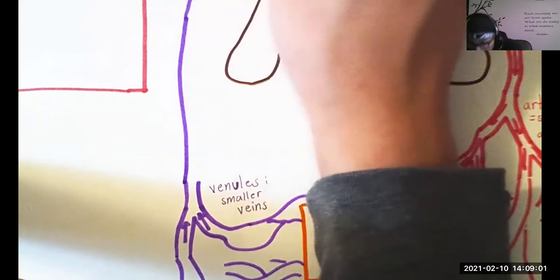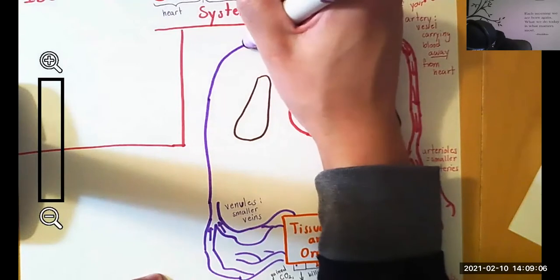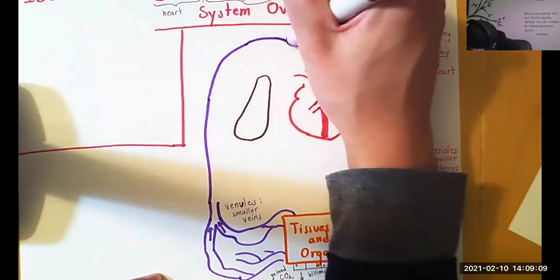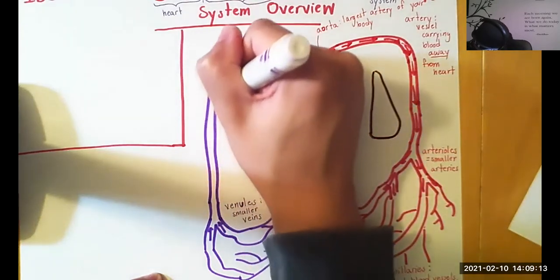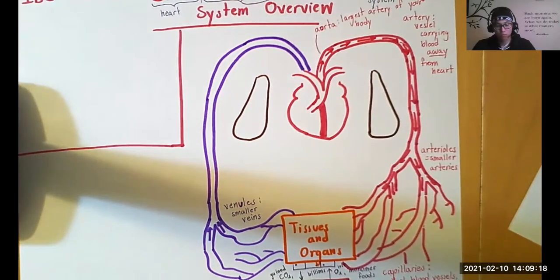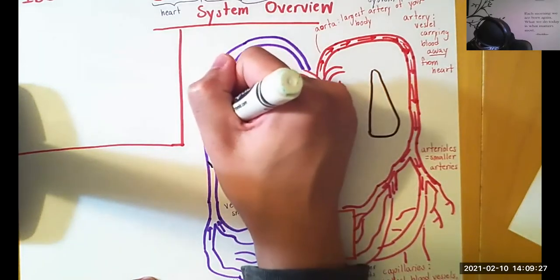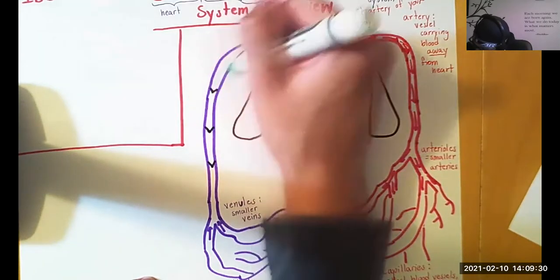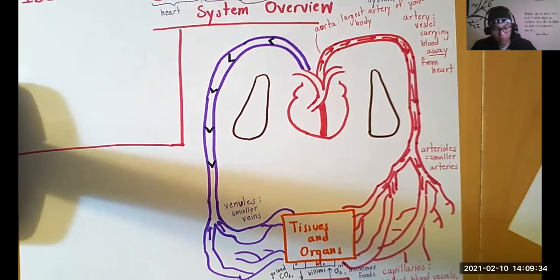So I'm going to draw the vein. Let me zoom out here. I'm going to draw the vein cascading up this direction and then meeting at the heart. Inside the veins, I'm going to put these right there, right there, right there, and right there.